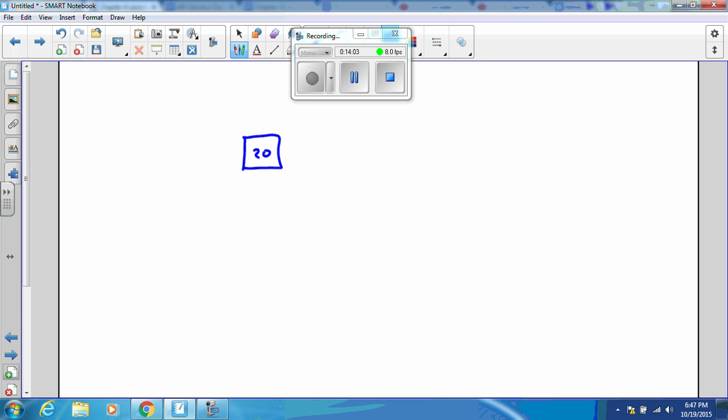Let's take a 20 kilogram block and set it on a table. And the coefficient of static friction between the block and the table we're going to set at 0.6. Please notice that some problems will tell you the value of mu directly. This is one such problem. And other problems will give you information to figure out the value of mu. So we're going to see one of each here.